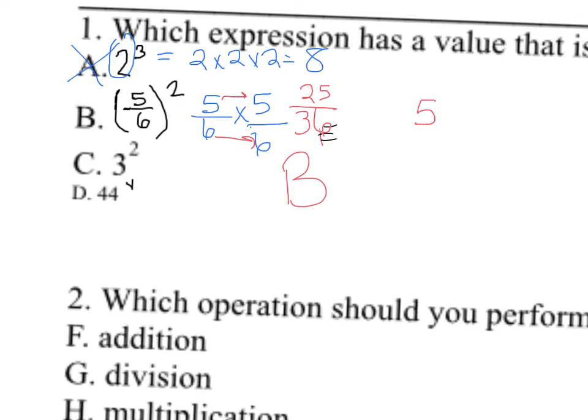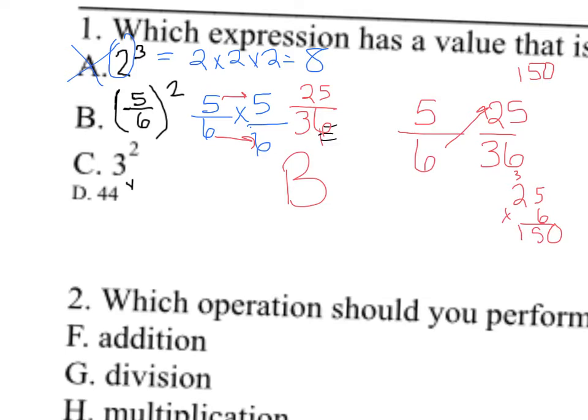Is 25/36 less than 5/6? We're going to compare it really quick. 6 times 25 is 100. Wait, is it 150? No. What am I doing? I'm thinking ahead. 25 times 6. 5 times 6 is 30. 6 times 2 is 12 plus 3.